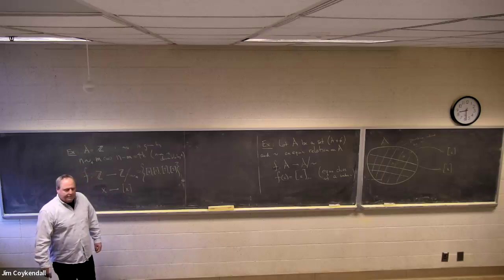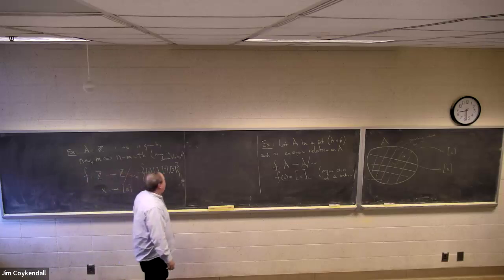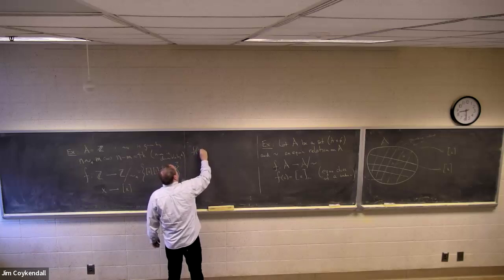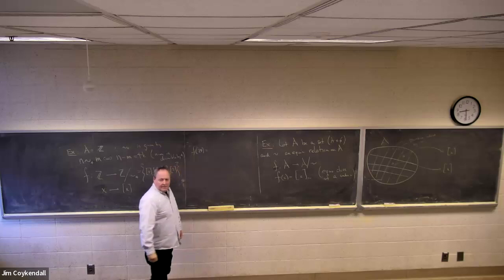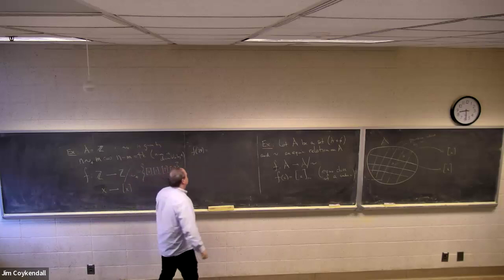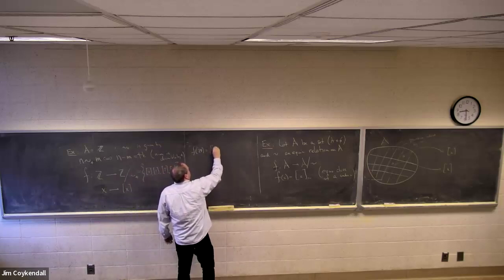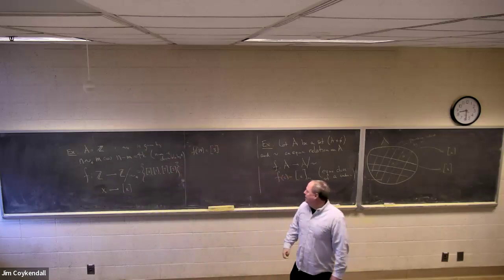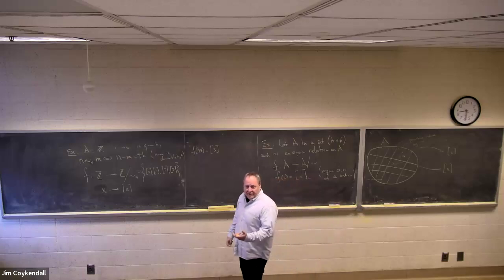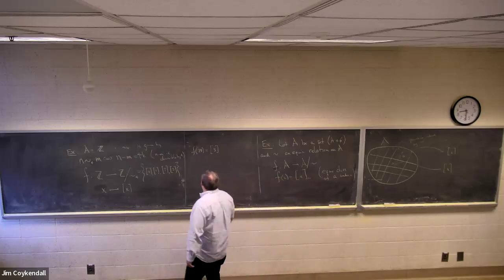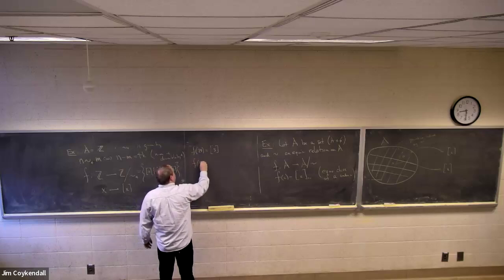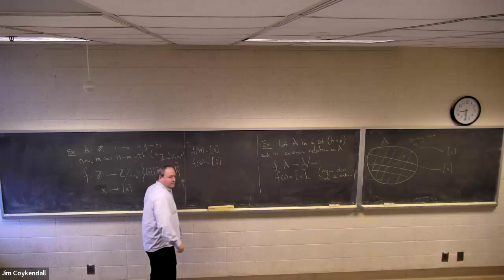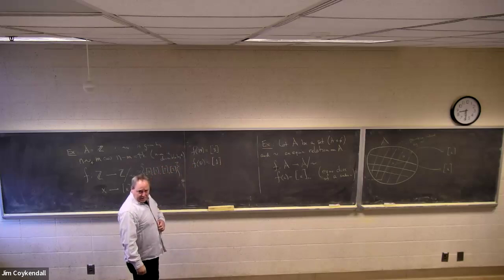So for example, f of 27 is the equivalence class of 3, because 27 is equivalent to 3. Right? f of 81 is the equivalence class of 1. Everybody okay?